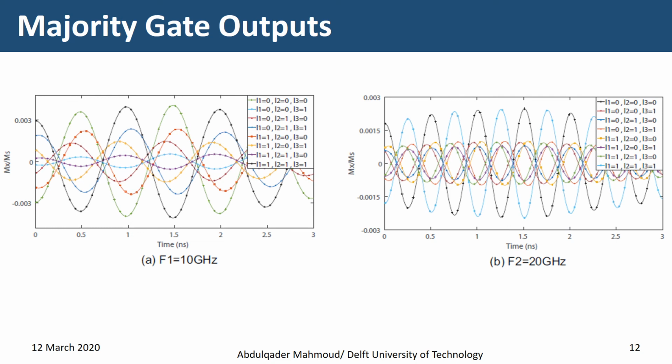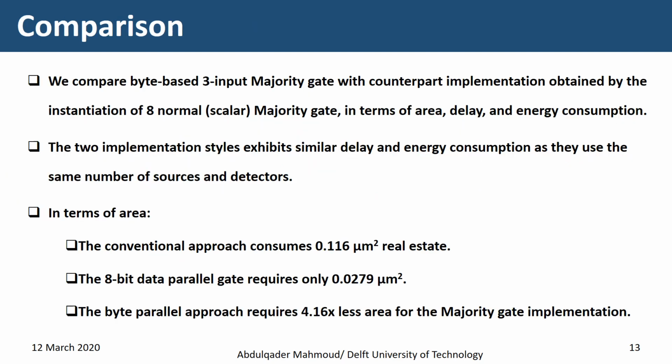Now, to see the potential of such an implementation, we compared the proposed logic with the conventional one. While implementing 8-bit, we replicated the majority gate 8 times, while we implemented it only once, using our proposed parallel structure. The two implementation styles exhibit the same delay and energy consumption, as they use the same number of sources and detectors.